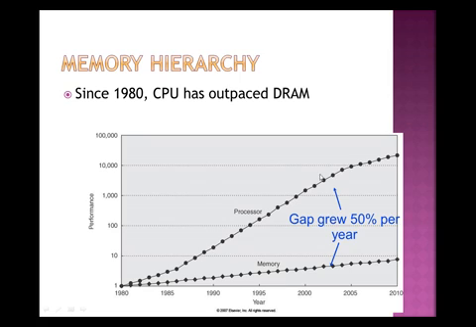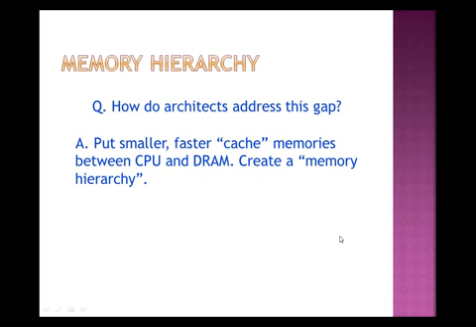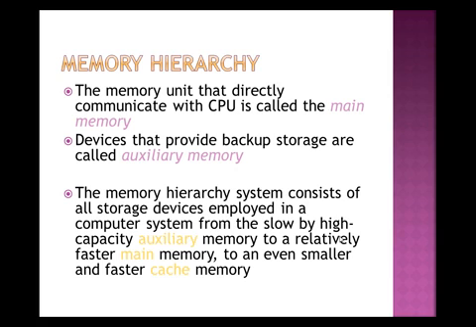This is a line that shows the performance of the processor. This is a line that shows the memory. There is a huge gap between the processor and the memory. How do architects address this gap? We have studied that architects address this gap by using cache memory. So cache memory lies between the CPU and the main memory.